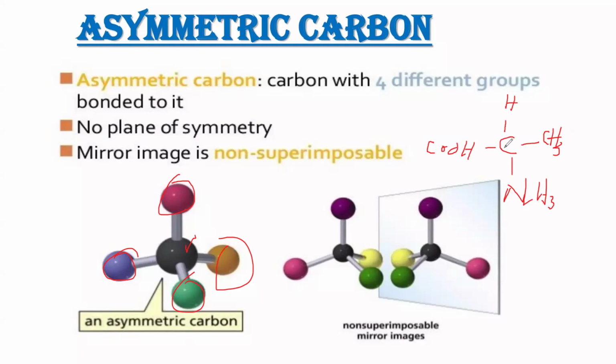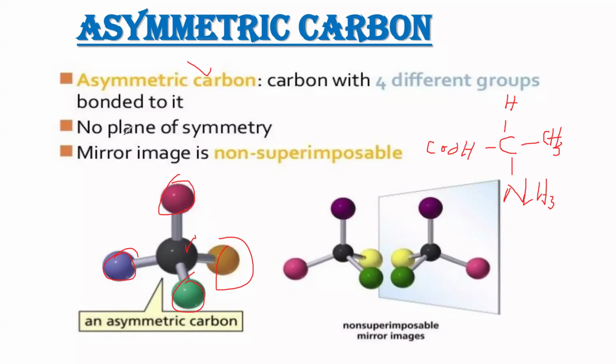So any carbon that has 4 different atoms or 4 different groups attached to it is called asymmetric carbon. In other terms, you can also call it chiral carbon or stereogenic carbon.